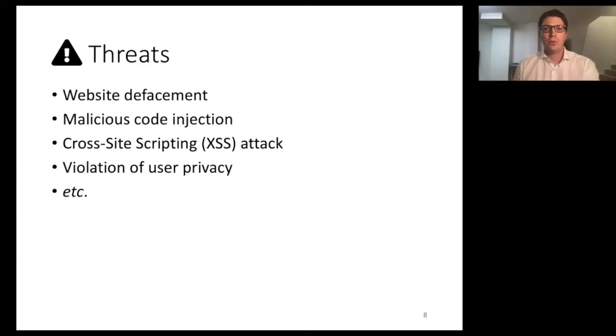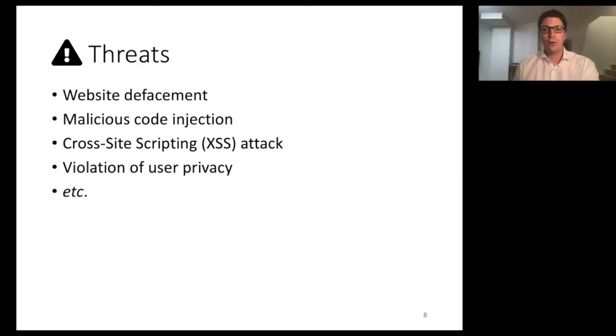He could start corrupting sub-resources, and this would create a number of threats. For example, he could replace content in the web page, resulting in website defacement. He could start injecting malicious JavaScript that will, for instance, access user credentials, record keyboard events, and so on. And here, we are not just talking about blogs or small websites, but we are also talking about corporate websites that commonly integrate such external sub-resources.